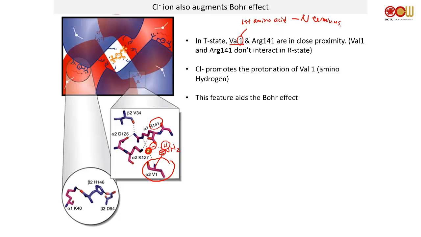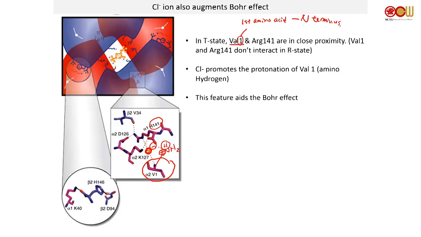And that's also helping the Bohr effect. The Bohr effect is the formation of your salt bridge as a function of lowering pH, right? So it's going to help you stabilize the T state.